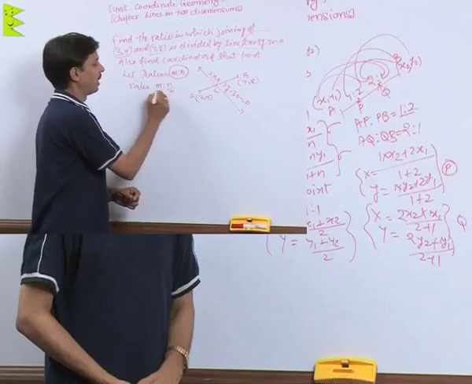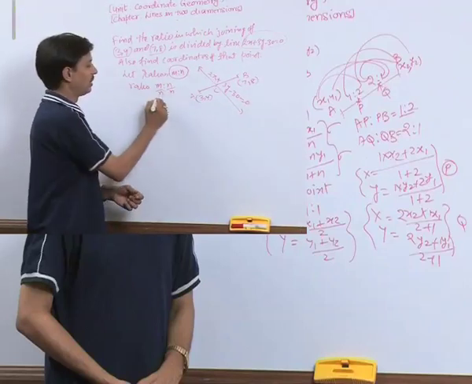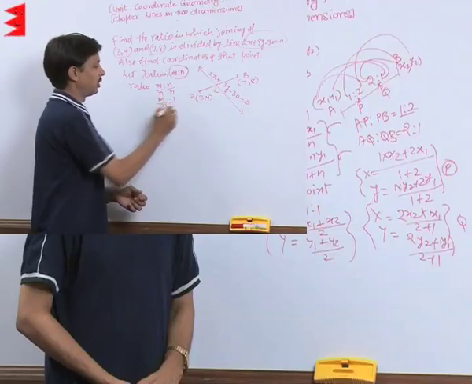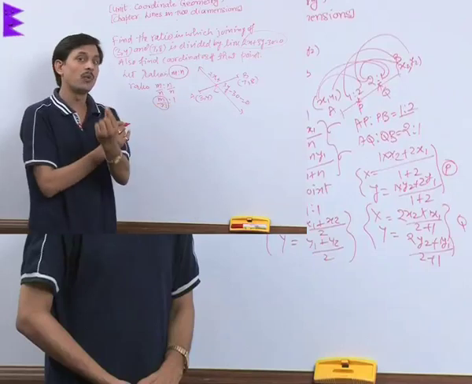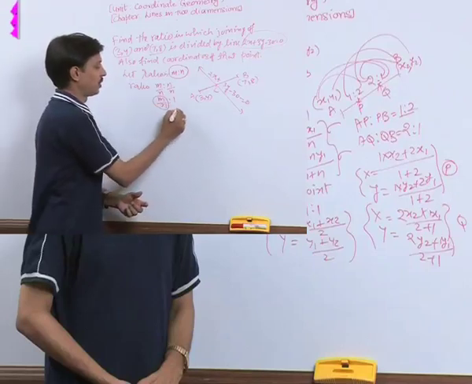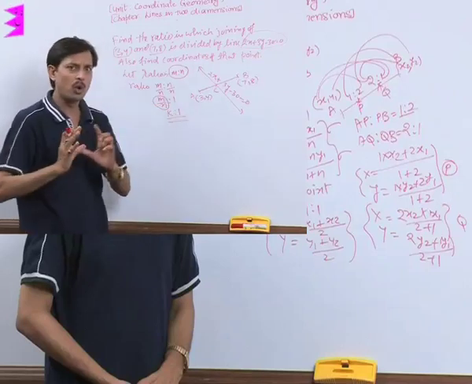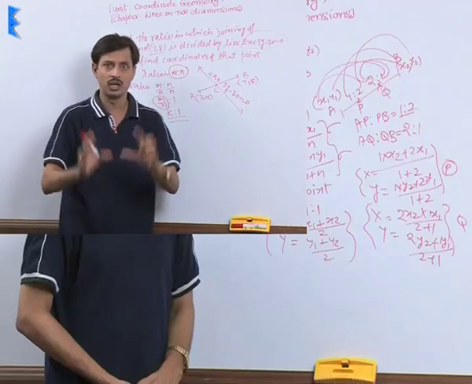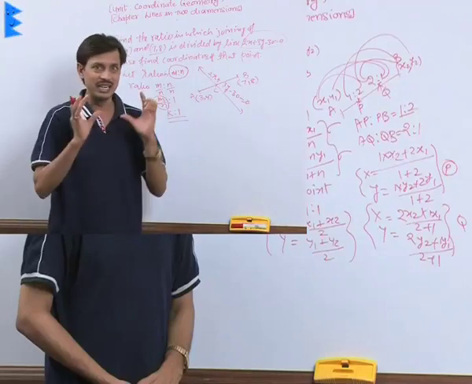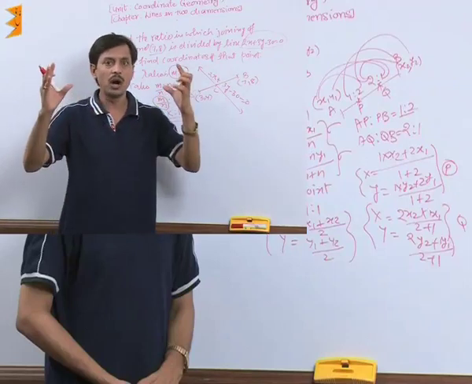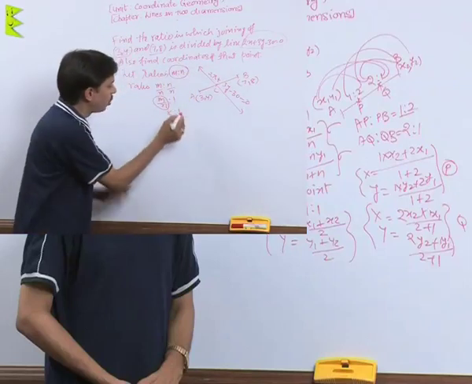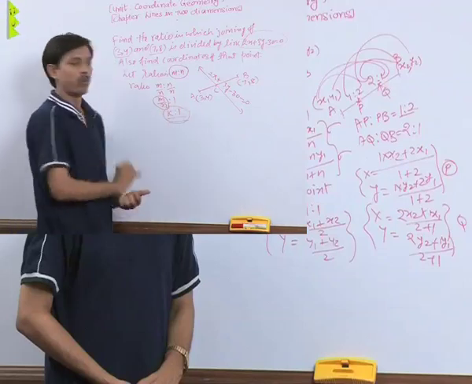If I divide by n on both sides, it is m/n ratio 1. And m/n I am assuming as one constant, that is k. So this becomes k:1. So always remember in any question, if the words what ratio are written, then you are bound to take the ratio as k:1.